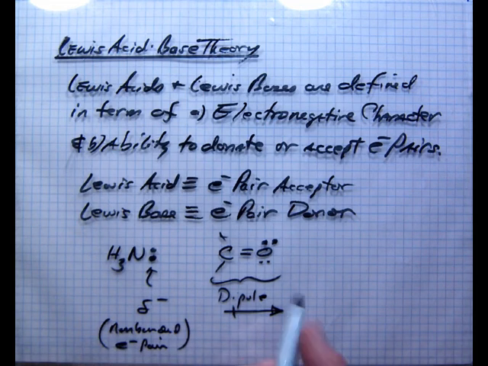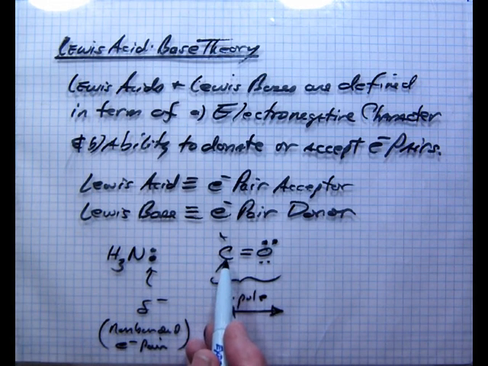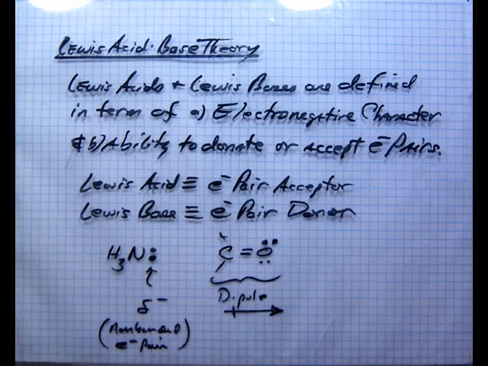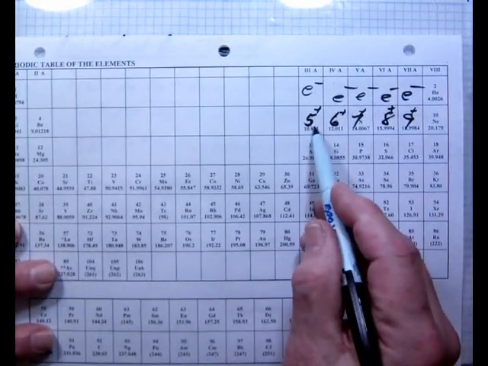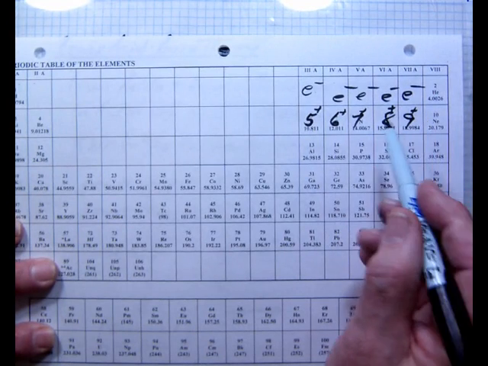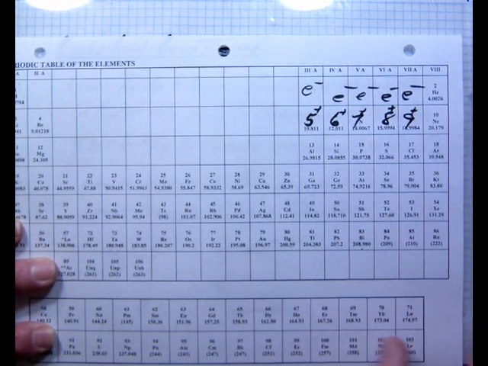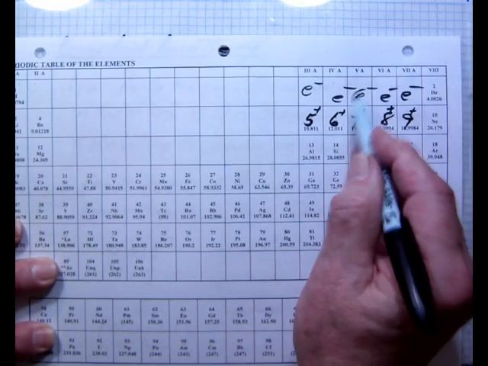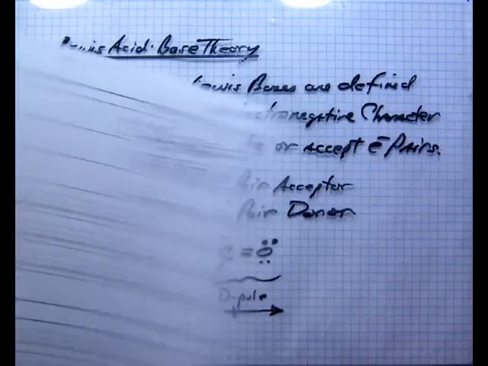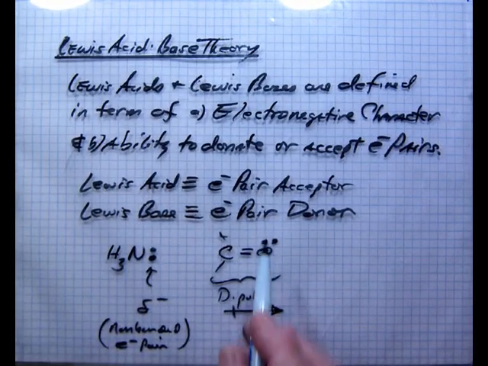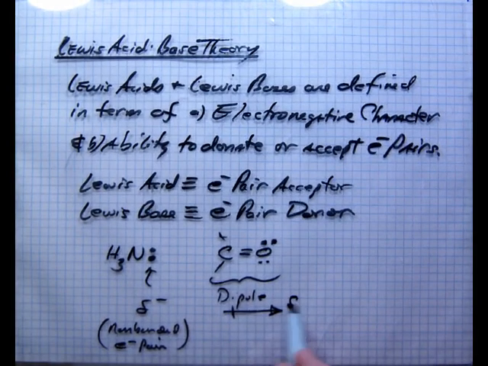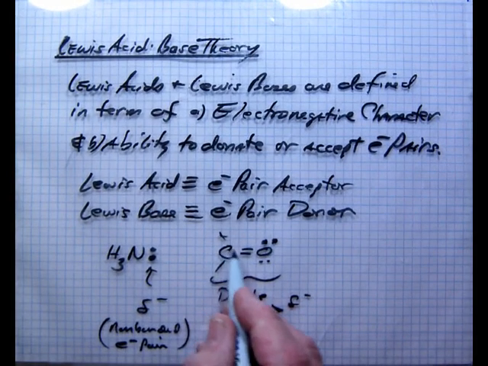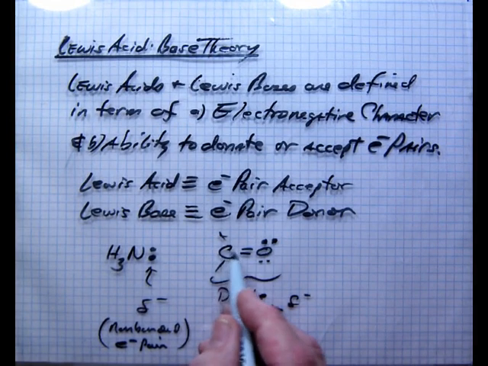So when we look at a bond like this, where is carbon on the periodic table versus where is oxygen? Here is carbon, and down here is oxygen. Oxygen's pulling strongly to this end, and it's uncovering the nucleus. That's the way I think about it. It's worked for years.